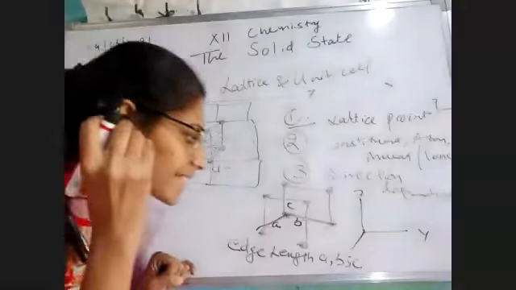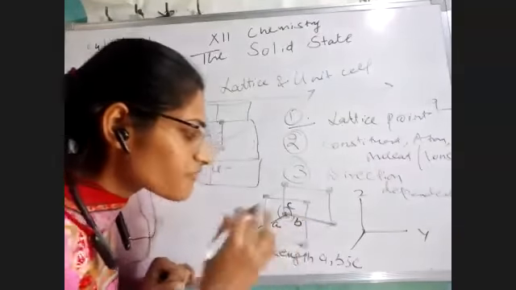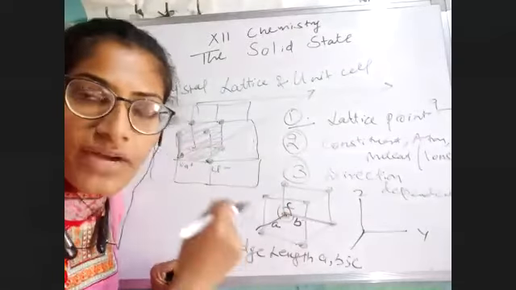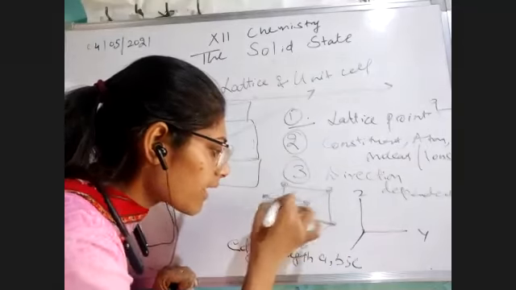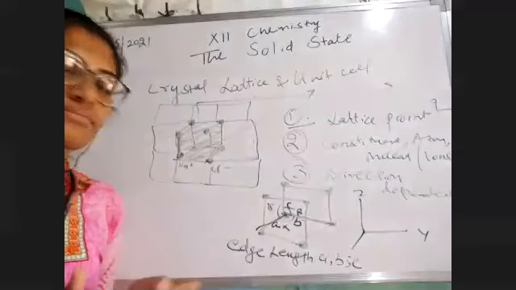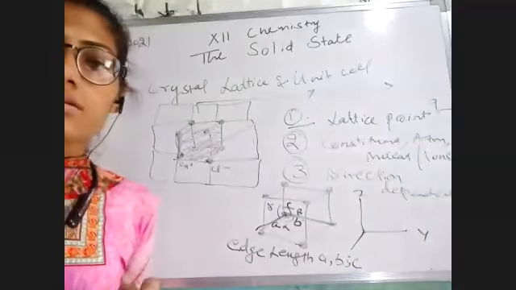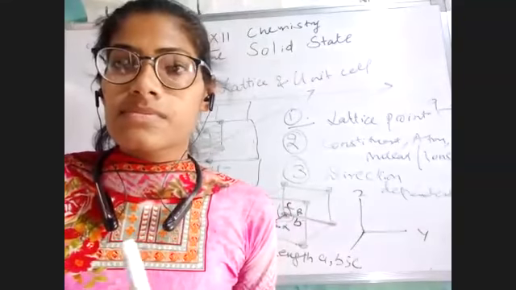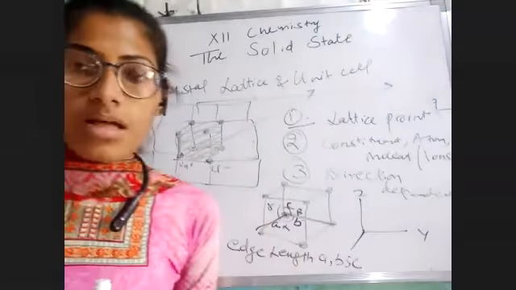Okay, and these are arranged at different angles known as alpha, beta, gamma. So these angles are alpha, beta, and gamma.